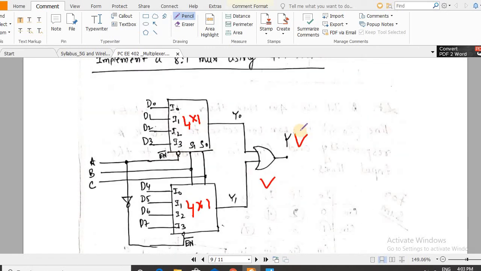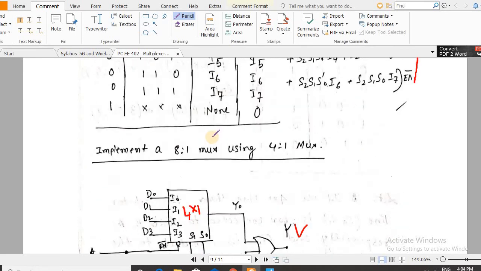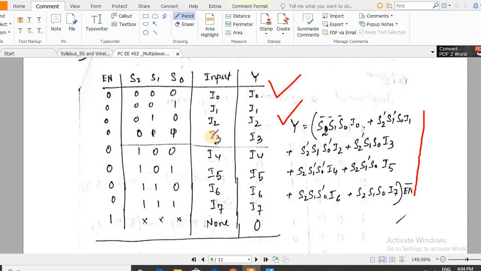So how can I do that? If we look into that factor, for 8x1 mux, up to this level this S2 is 0, and after that this S2 is 1.